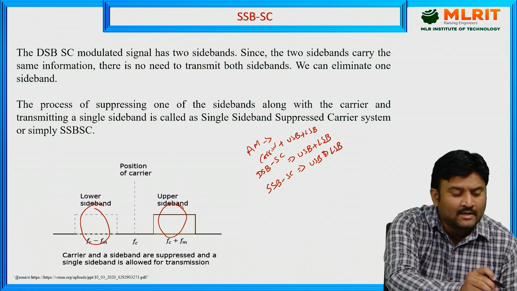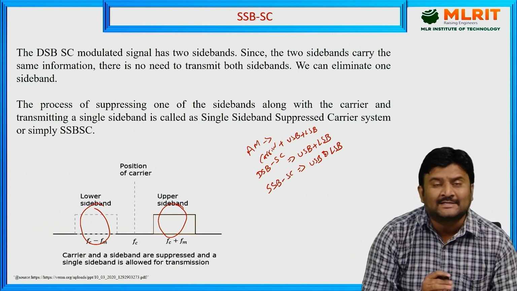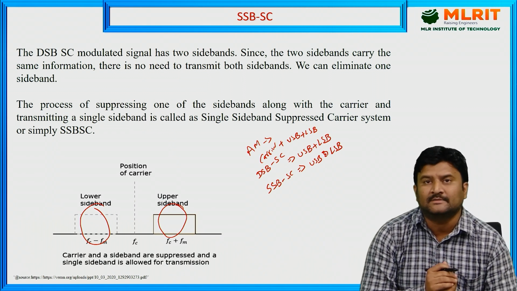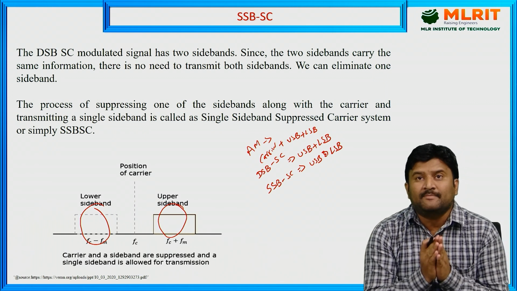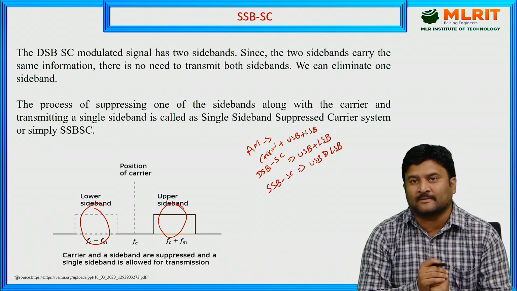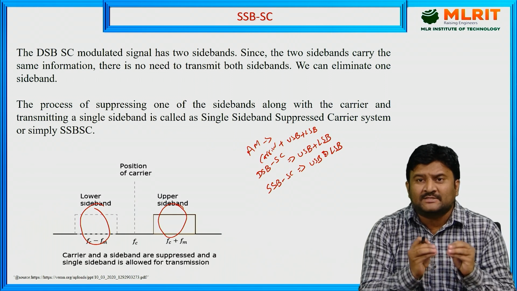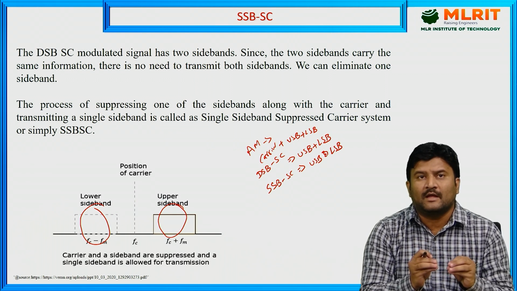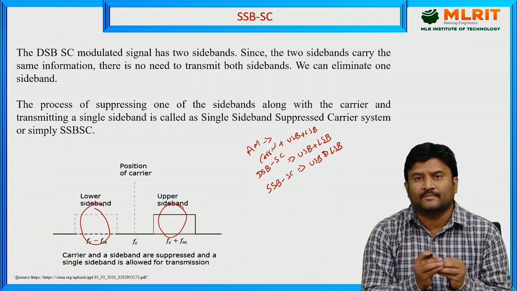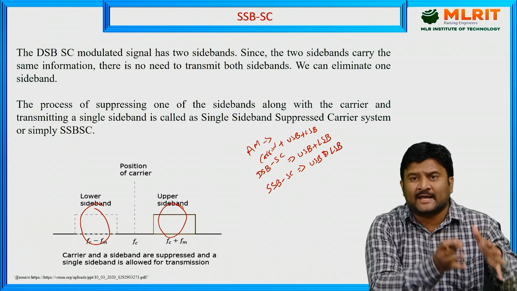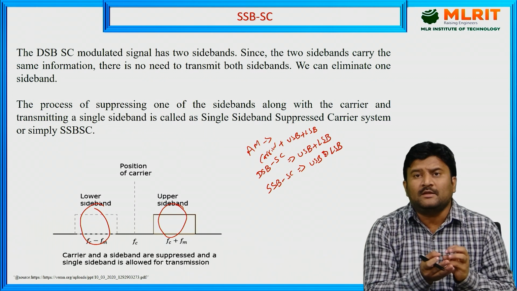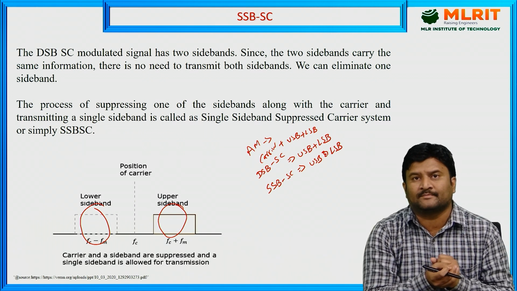Observe here, the double sideband modulated signal has two sidebands, and the two sidebands carry the same information. Clearly, if you transmit the same information within two bands, you can reduce one sideband and the information is not lost.